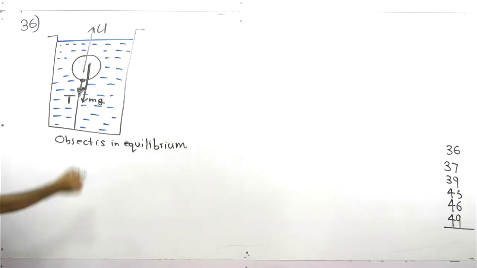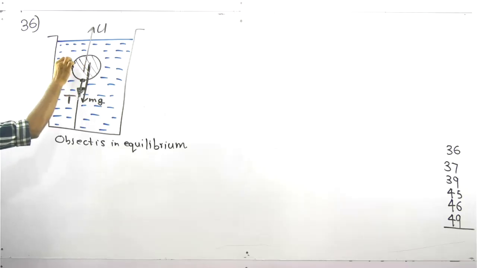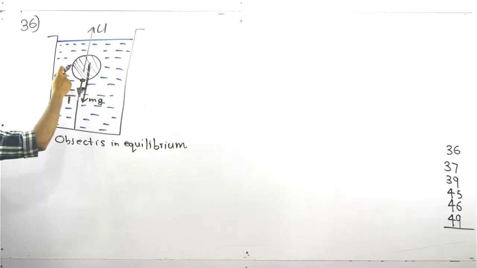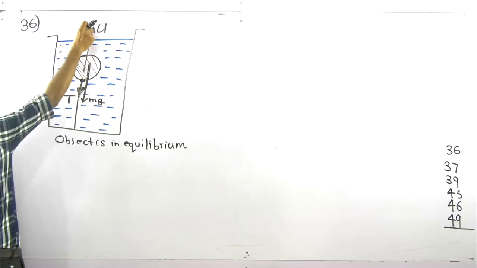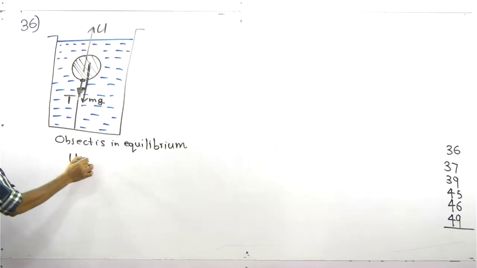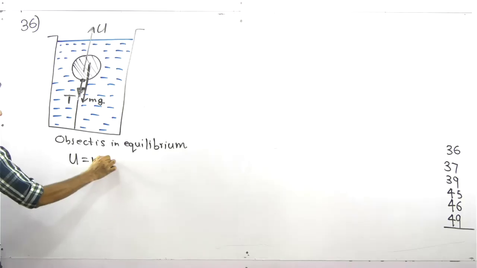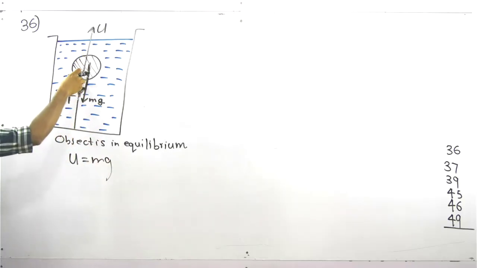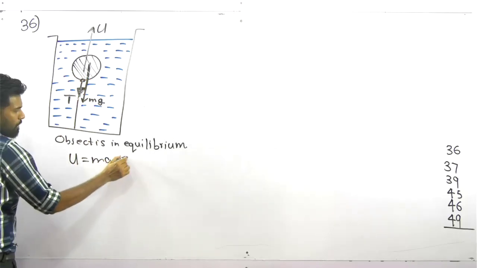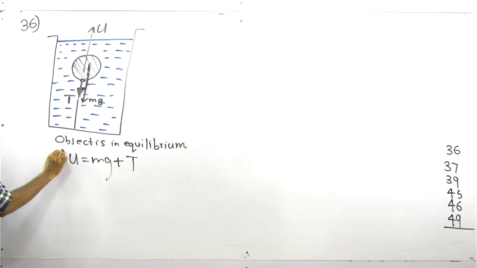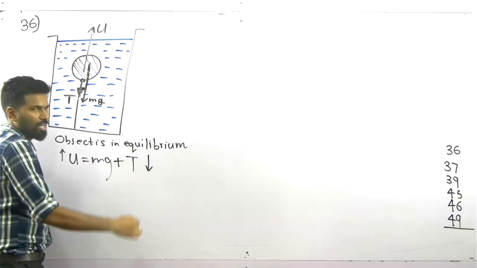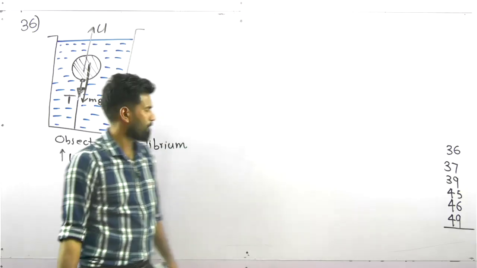The object is not moving. So the force acting on it due to the liquid, the upthrust U, will be balanced by the weight of the object, always downward, and the tension. The string attracts the connected point towards the string itself, that means downward. So this is how upthrust is balanced by the weight and tension, the two downward forces.